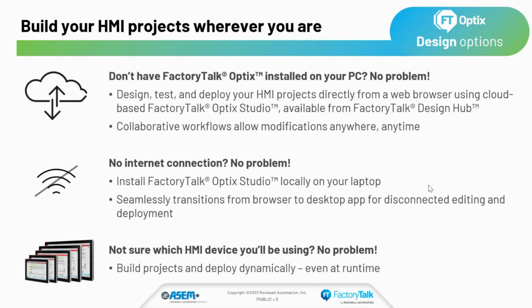It could be an OSM integrated touch panel or HMI, or third-party HMIs that don't have a dedicated runtime. Or you could use the Optix panels, which are dedicated hardware designed to run FactoryTalk Optix applications. And again, we'll go into the benefits of the Optix panel in a little bit.